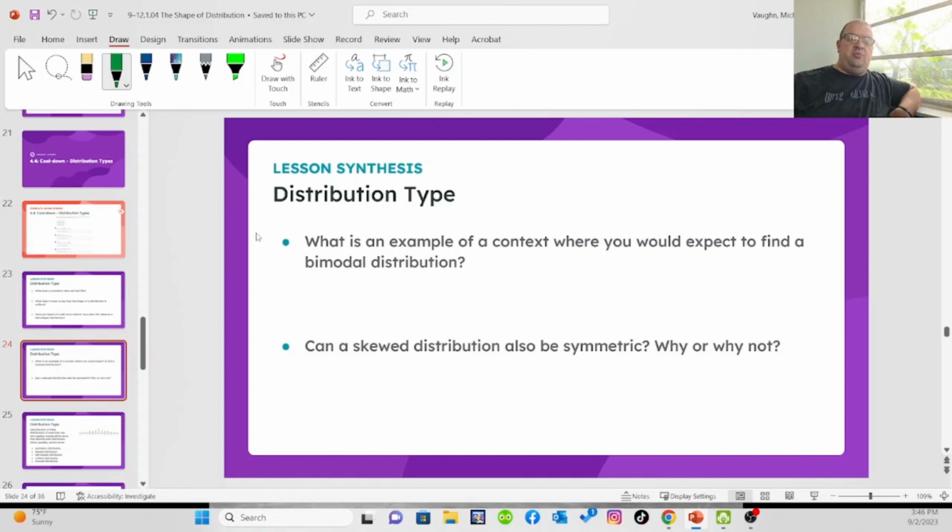What is an example of a context where you would expect to find a bimodal distribution? And can a skewed distribution also be symmetric? Why or why not? Think about what I talked about earlier when I was explaining which shapes could also be labeled symmetric and one other name.